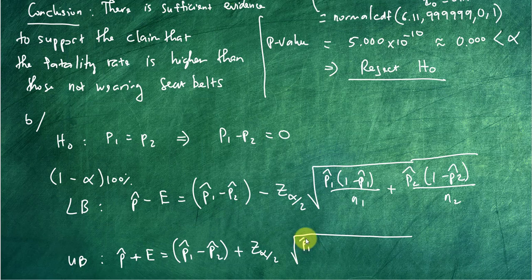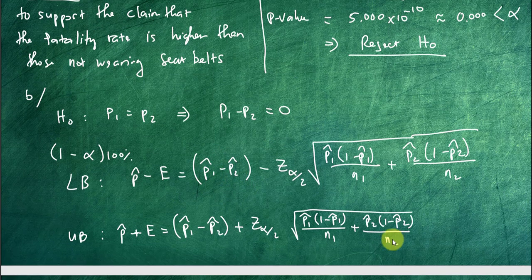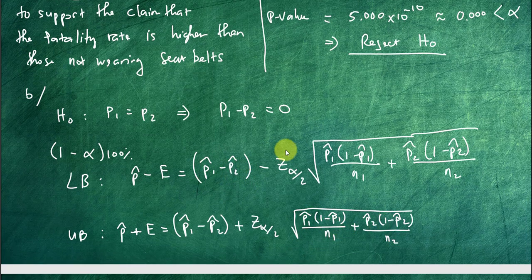So P1 hat times 1 minus P1 hat over N1, and then plus P2 hat times 1 minus P2 hat over N2. And now we are ready to plug in the values for these variables in the two equations here.